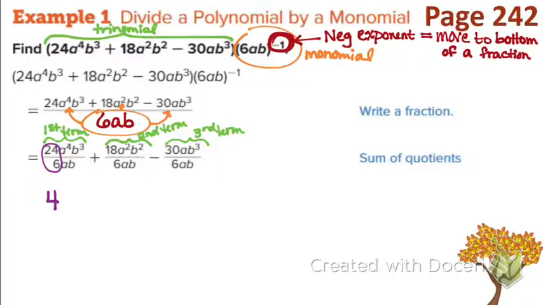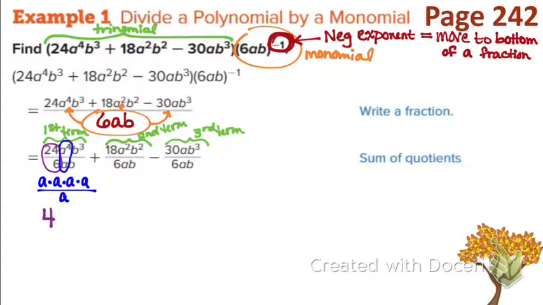And then I'm going to come over here and I'm going to look at the a's. Are there more on top or more on bottom? More on top. What does it mean to say a to the 4th again? What does that exponent of 4 mean? Multiplies by itself 4 times, right? And I've got 1 on the bottom.